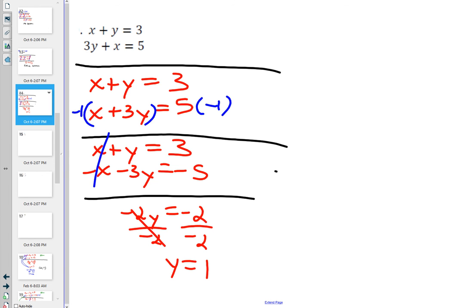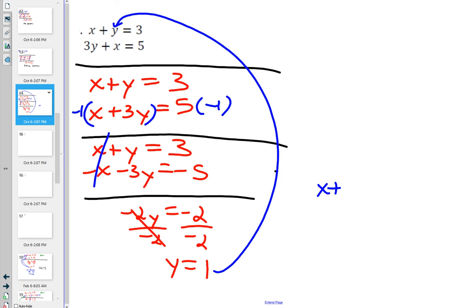You could use whichever equation you want, but I would assume most of you would probably want to use which one here to find the x. Angel, which one do you want to use to find x? Yeah, I'm guessing you're going to want to use the top one. So I'll just say x plus 1 is equal to 3 minus 1. x is equal to 2.